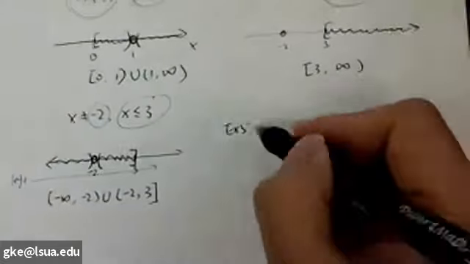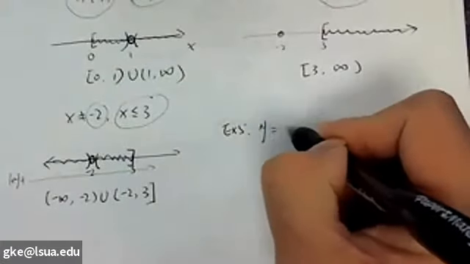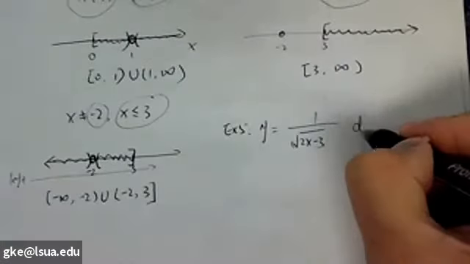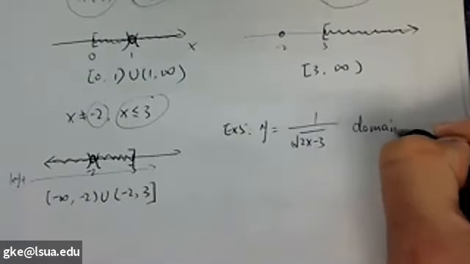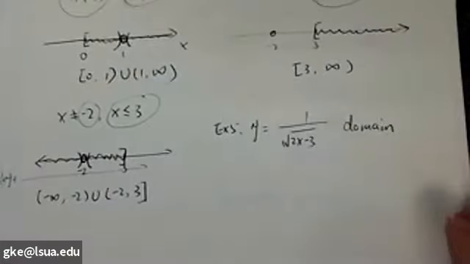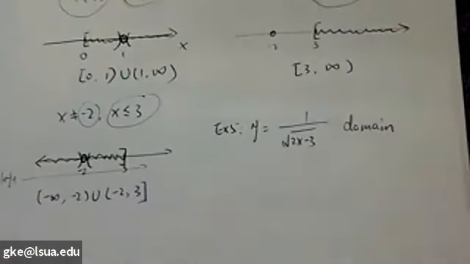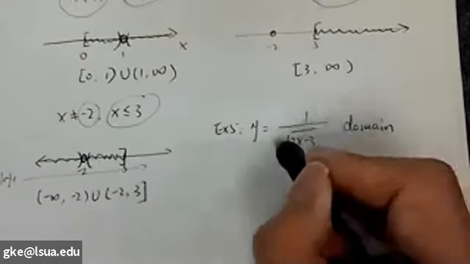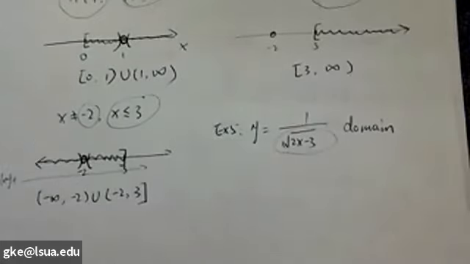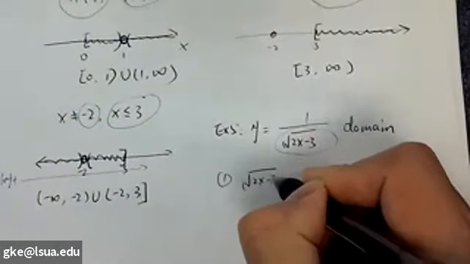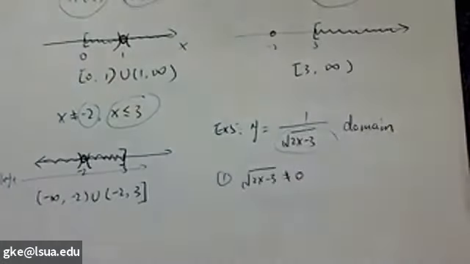Now I'm gonna give you guys another example about the domain. What is the domain of this guy? Let's take a look, okay? So the domain for this guy is a combination. We have the denominator here, right? So the denominator, this guy, doesn't equal 0.